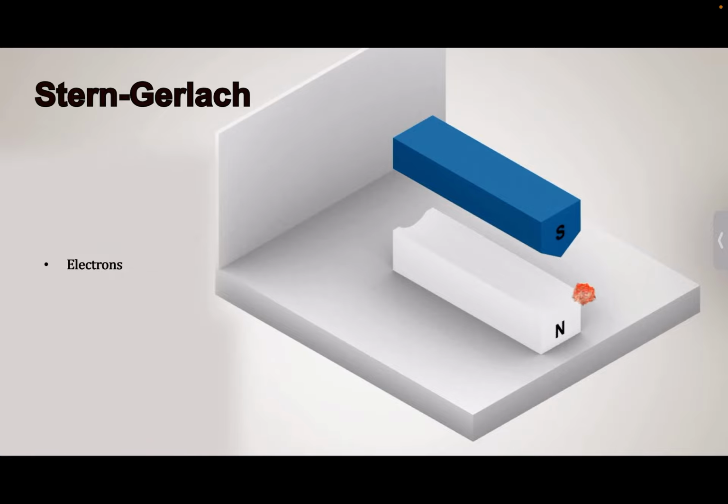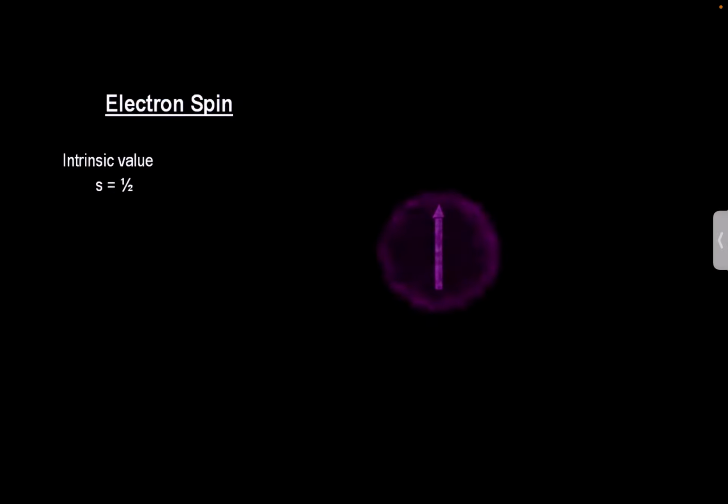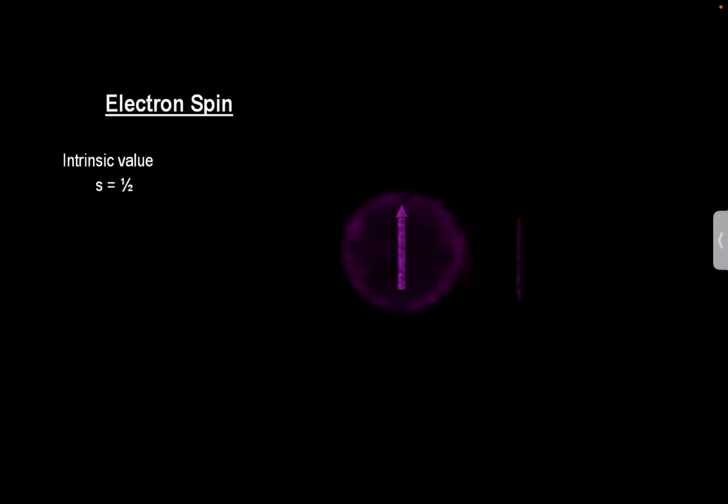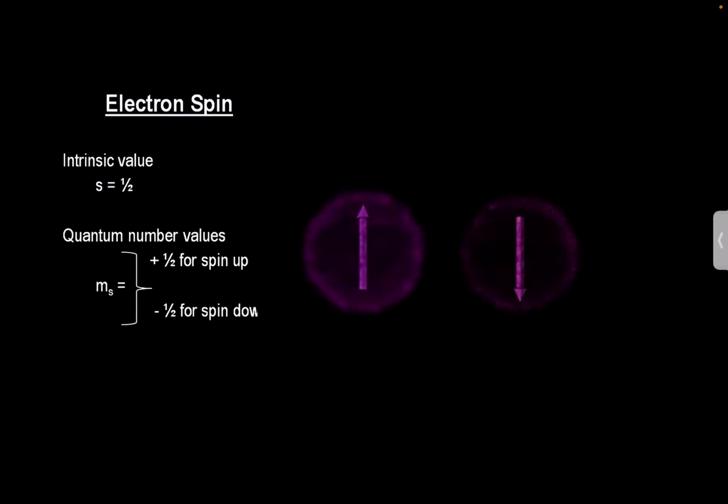When electrons are sent through the field, they too are deflected. But they always arrive at the screen deflected either up or down, never in between like the magnets. Each electron behaves as a magnet, but with only one of two possible orientations, up or down. This intrinsic property of an electron is called spin.